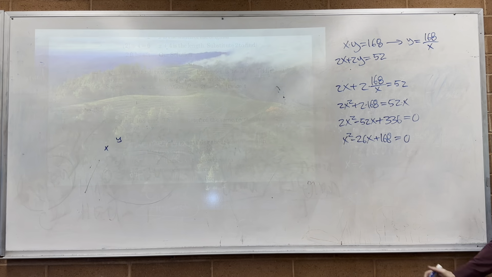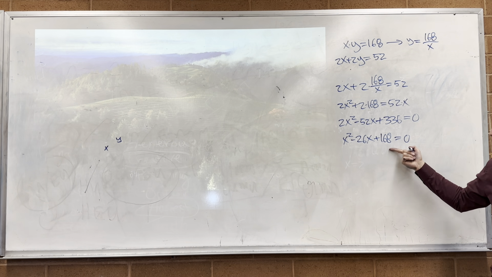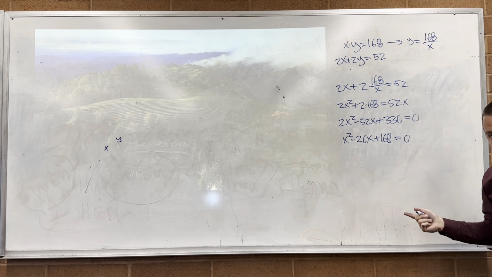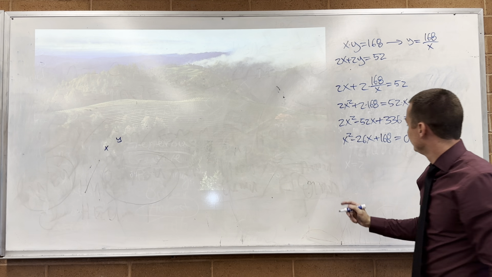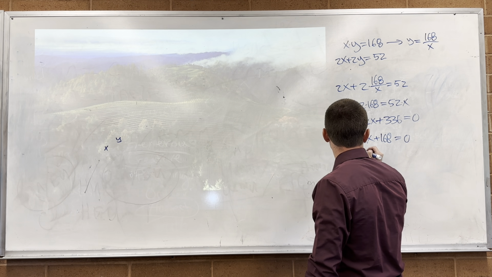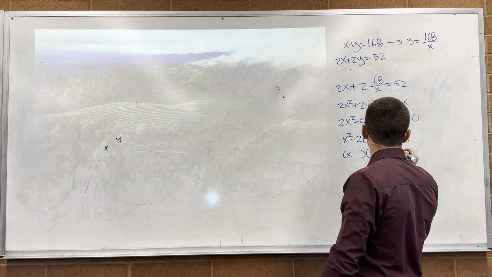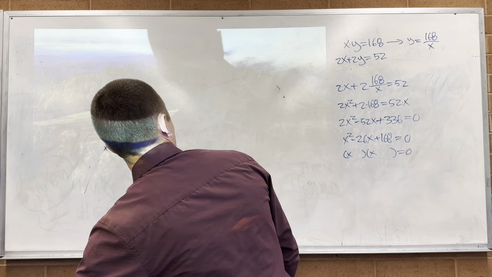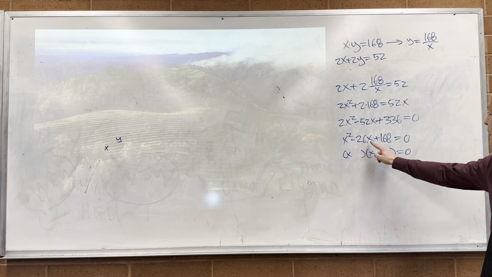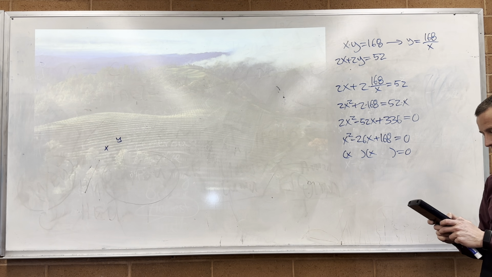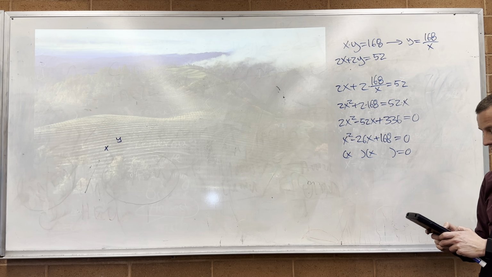All right. Now if we see how to factor it, we can factor it, or we can use the quadratic formula. Should we see if it factors nicely? We're looking for two numbers that multiply to 168 and add together to be negative 26. So it needs to be two negative numbers. Let's see, 168, what goes into it nicely?